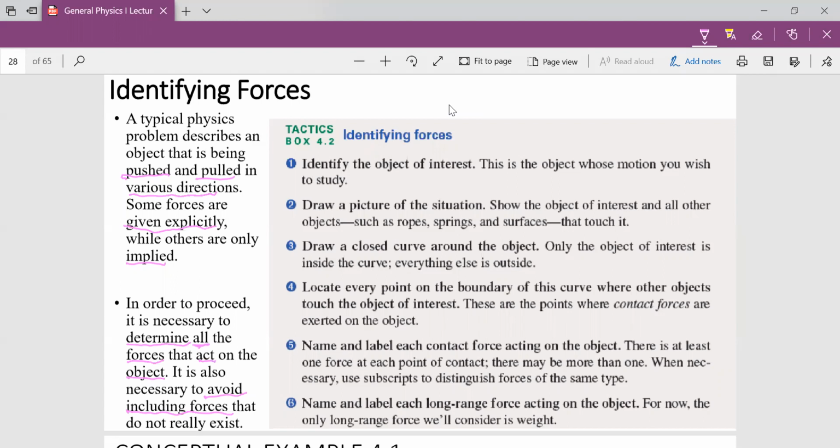So the first is, whenever we have an object being acted upon by a force, the first thing to do is to identify the object of interest.